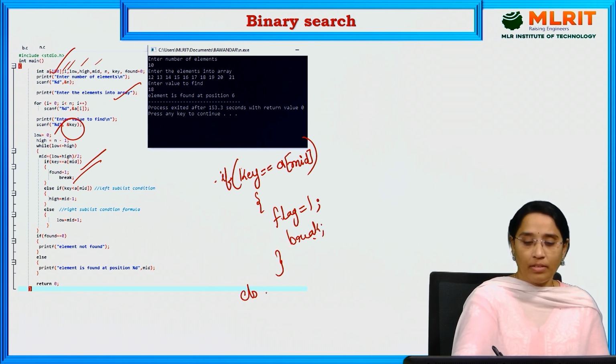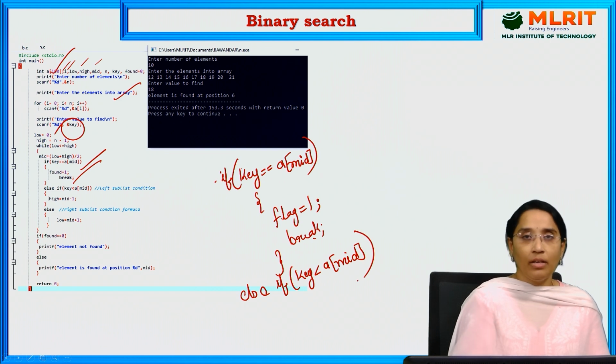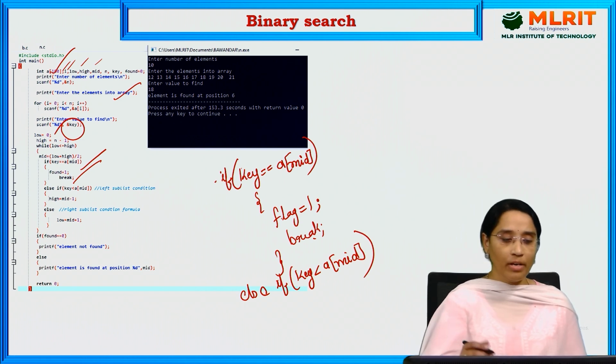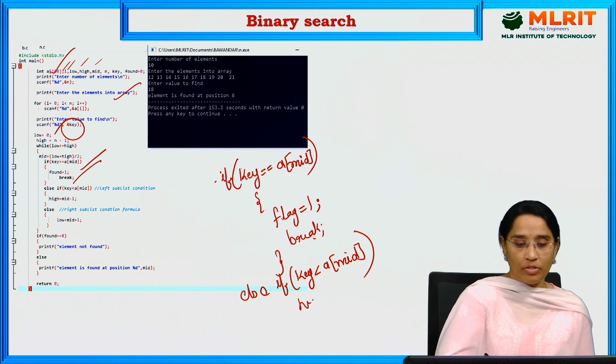Else if key is less than a[mid]. What happens if key is less than a[mid]? High is equal to mid minus 1, else low is equal to mid plus 1.